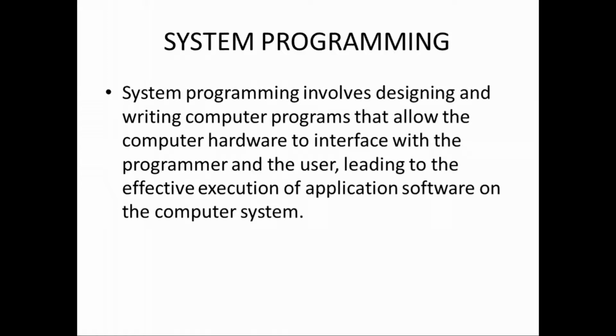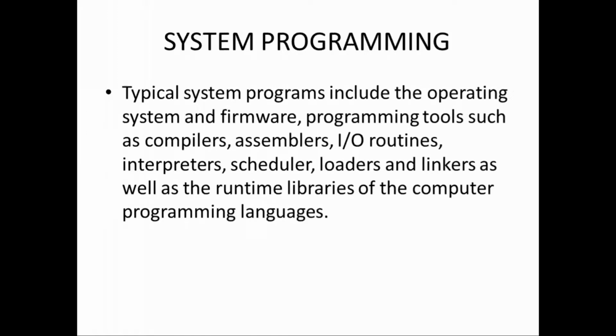So what we are saying here is that what you would basically be exposed to, apart from the types of the hardware, is the operating system and the application software. But here we are talking about compilers, assemblers, interpreters, and the rest.